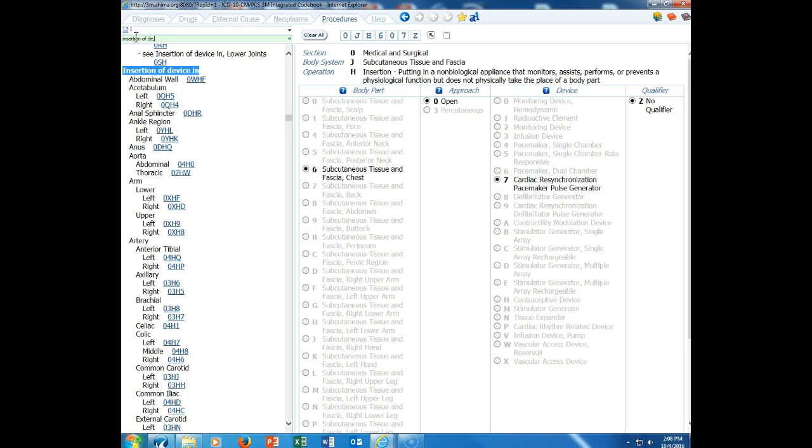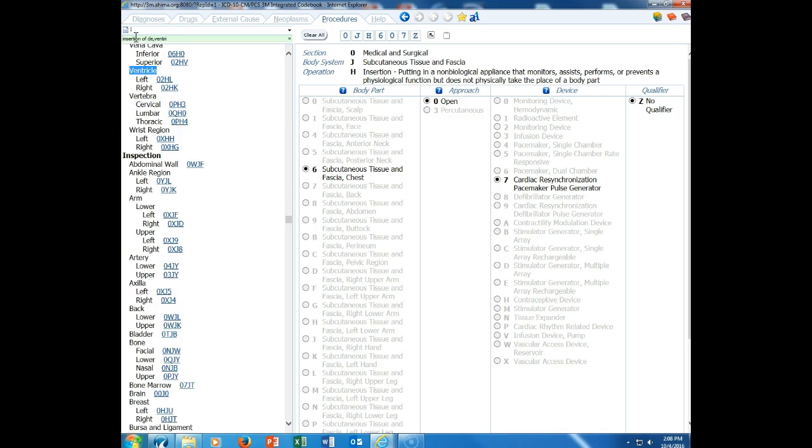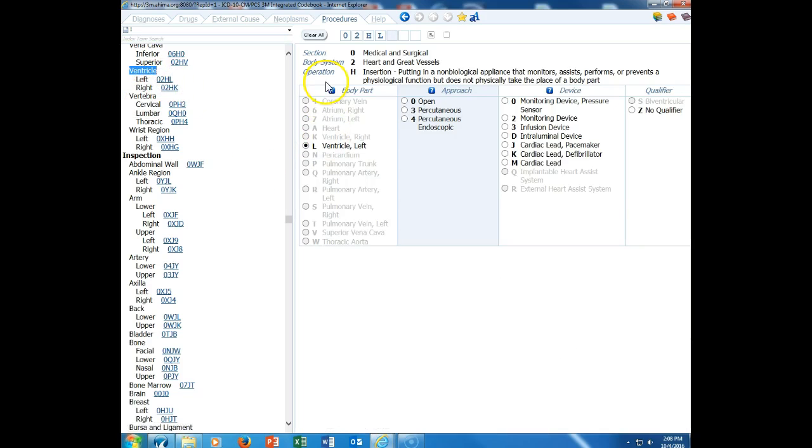And we have insertion of device in ventricle, left and right. So insertion of device in ventricle, let me look at left first, 02HL. And this was accomplished percutaneously.